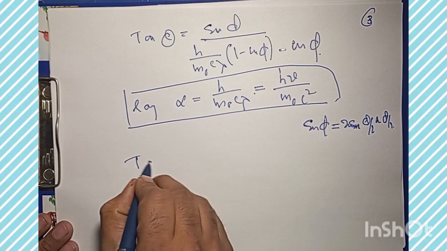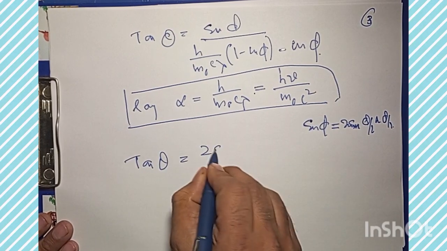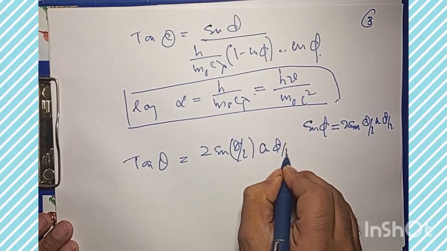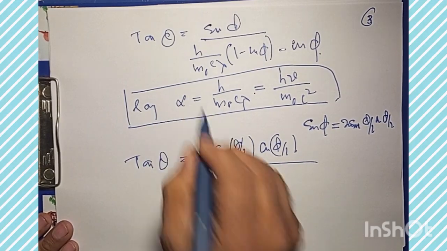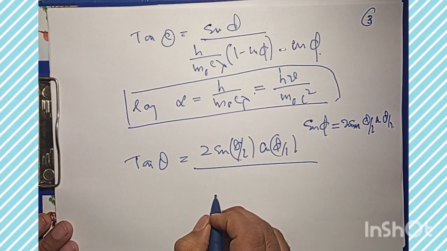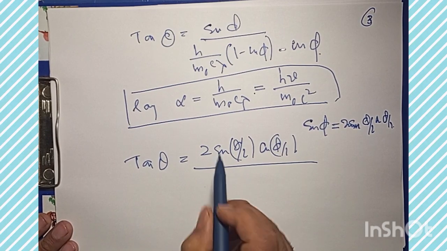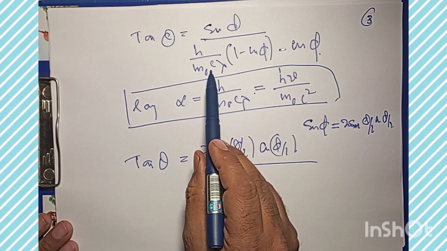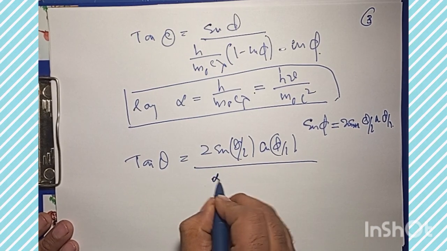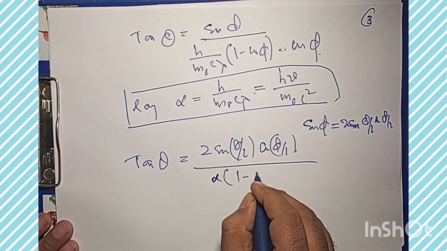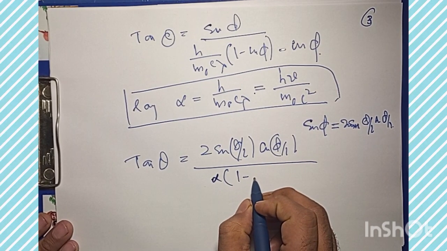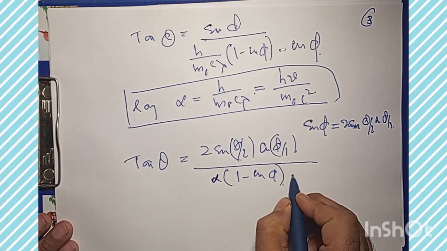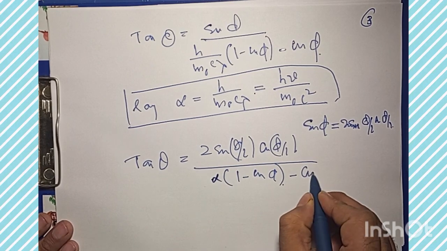In doing that, we'll have tan theta equal to twice sine phi by 2 and cos phi by 2, divided by, here I'm going to use alpha, right? So for this I will be using alpha times (1 minus cos phi), then minus cos phi.